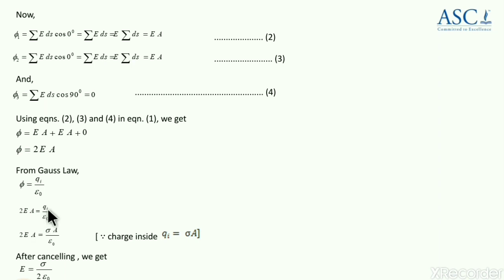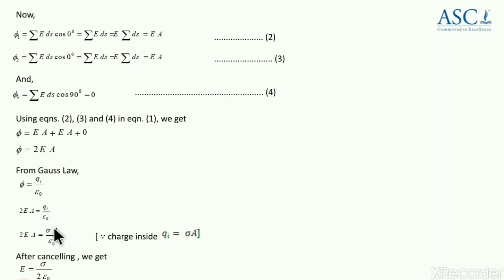As I have taught you in the previous derivation, Qi is the charge inside the Gaussian surface, which is now equal to sigma into A, because this comes under surface charge density. Surface charge density is charge divided by area. Hence on cross multiplying, charge equals sigma into A.